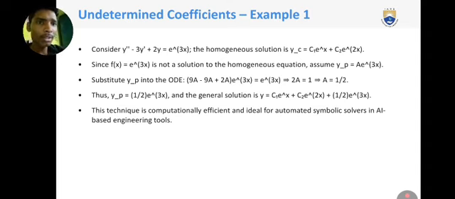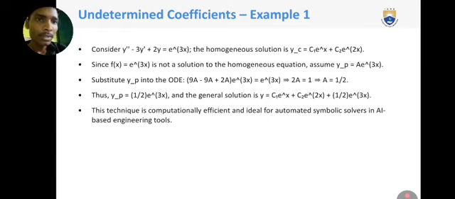Since f of x is equal to e power 3x, which is not a solution to the homogeneous equation, assume y p is equal to a e power 3x. Substitute y p into the ODE: 9a minus 9a plus 2a times e power 3x is equal to e power 3x, which gives 2a is equal to 1, so a is equal to 1 by 2.